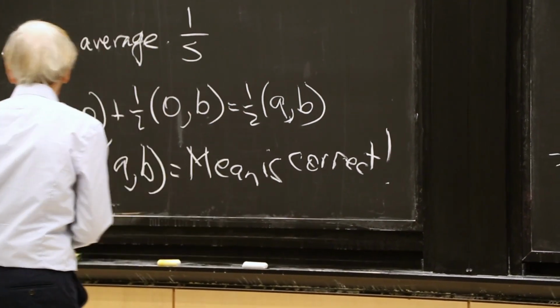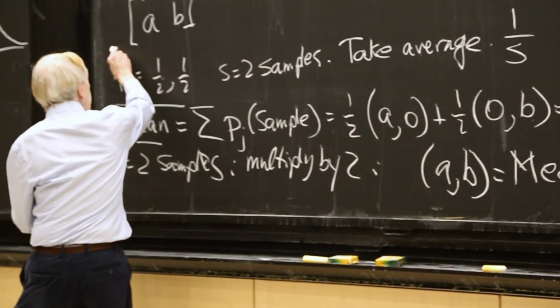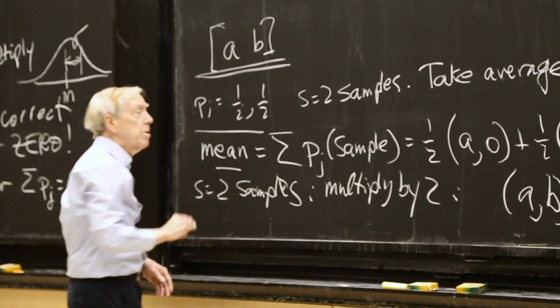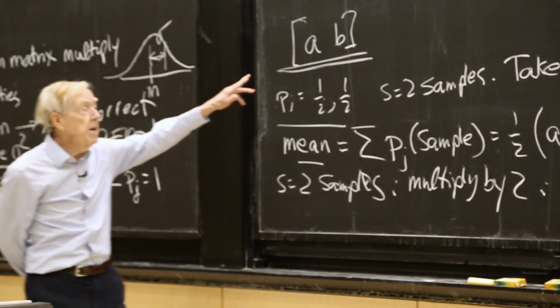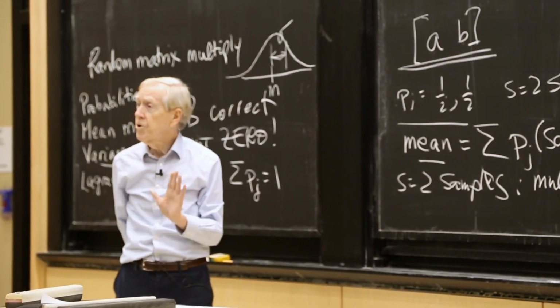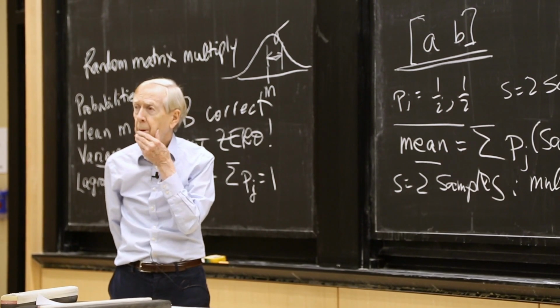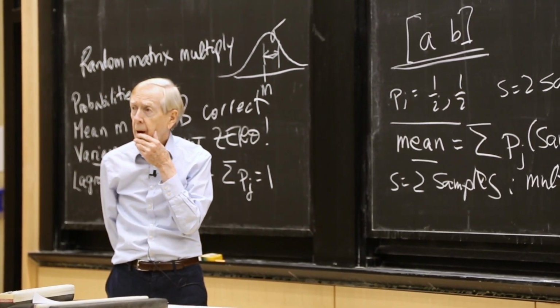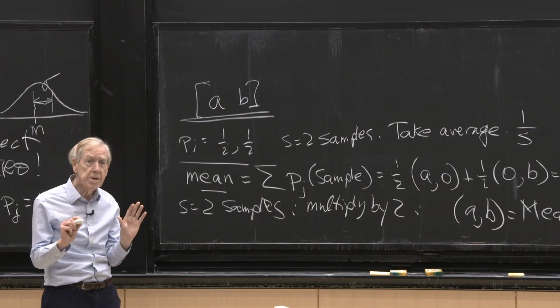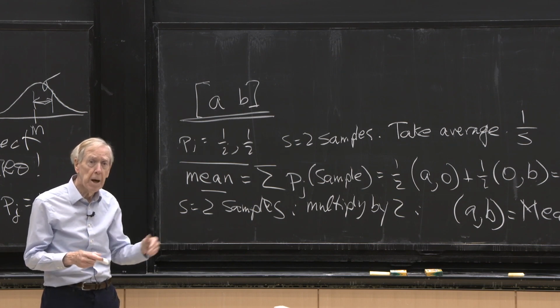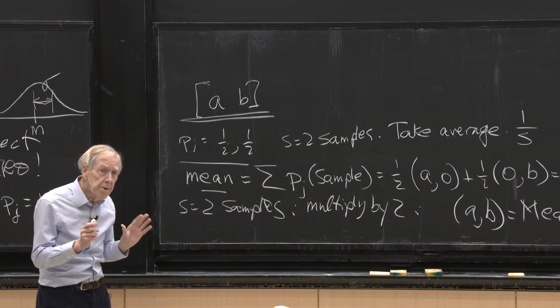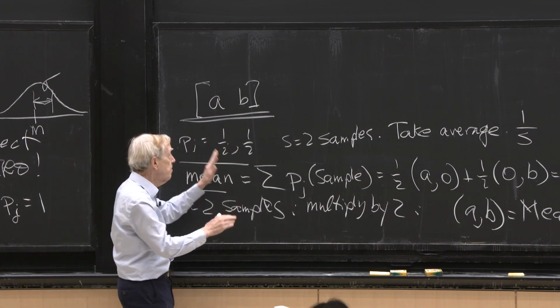If I'm trying to get this thing close to that thing, and B is a lot bigger than A, then what should I do differently? I don't know what B is exactly, but I have the information that it's bigger than A. Then I should increase the probability. I shouldn't do half and half.